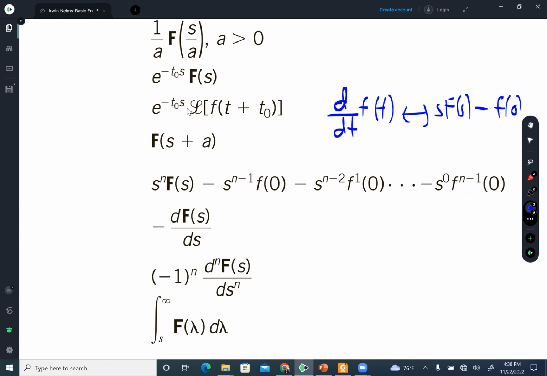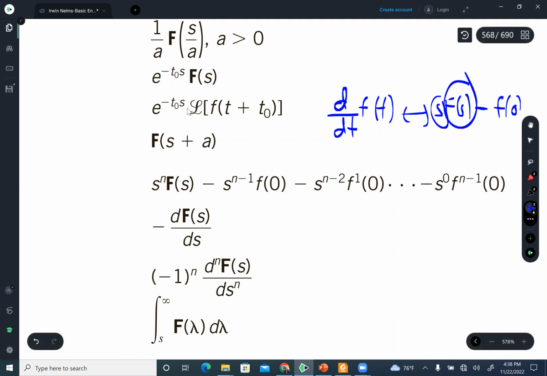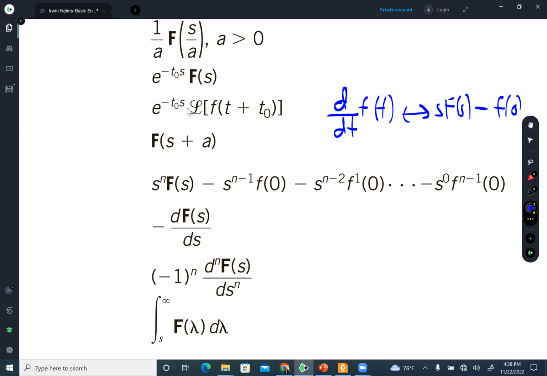Which means that if you take the time derivative of the time function, and then take the Laplace transform, that's equivalent to taking the Laplace transform first, multiplying by s, and subtracting the initial value of f, which is f of 0. Okay? So this double arrow means Laplace transform pair. It doesn't mean equal, right?